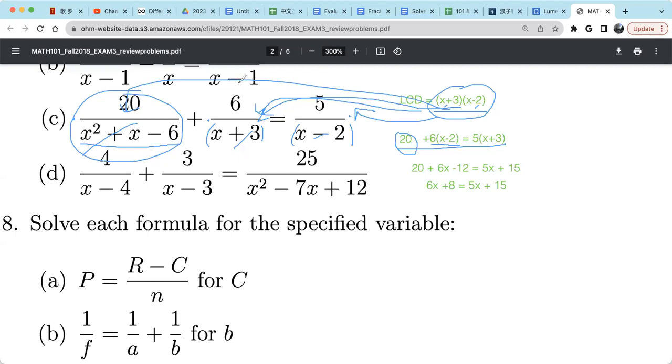Now let's move 5x to the left-hand side and 8 to the right-hand side. 5x moved to the other side becomes negative, 6x minus 5x is x. Positive 8 moved to the right-hand side becomes negative, 15 minus 8 is 7. So the solution is x equals 7 for C.